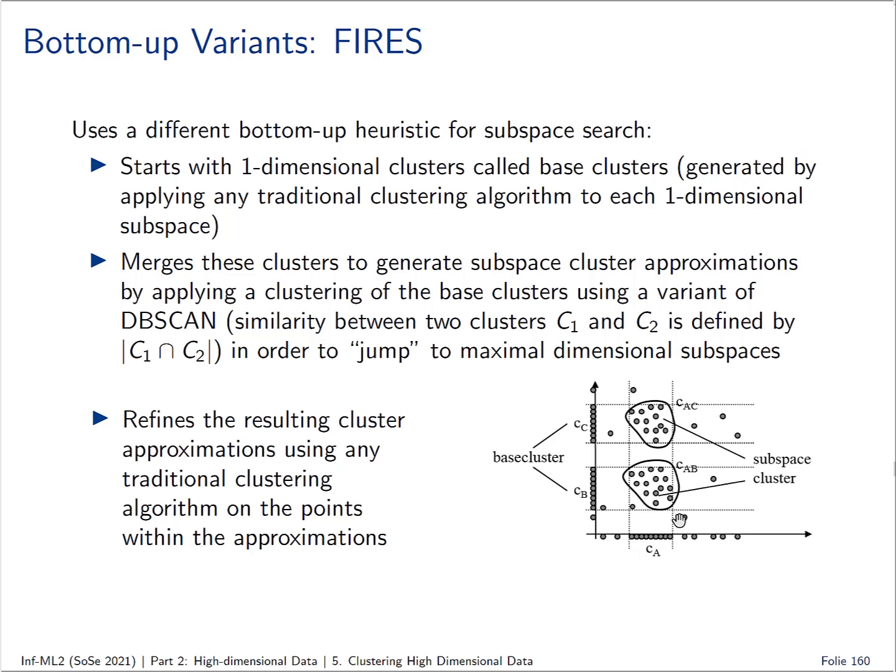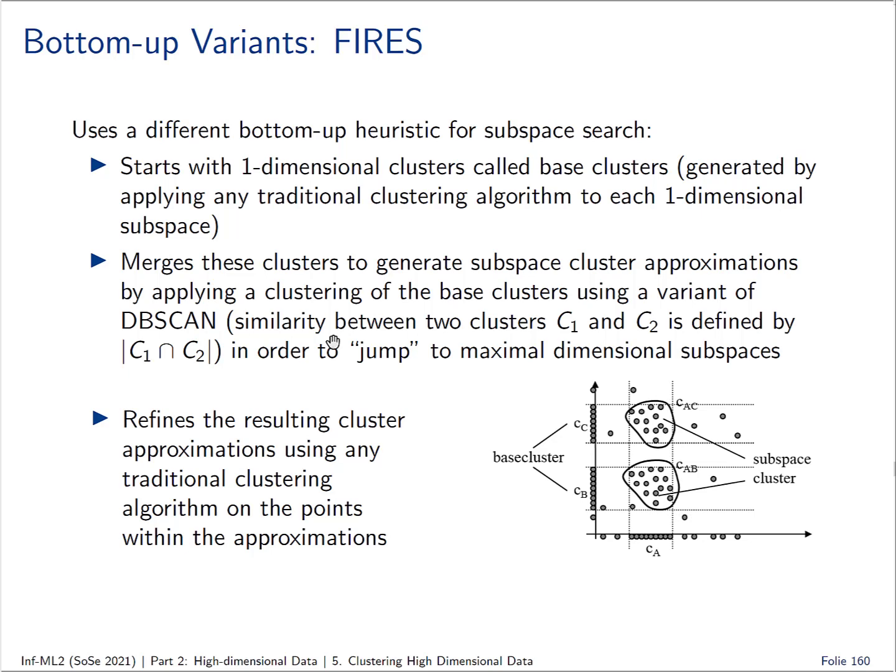Now the question is, how can we merge those base clusters to form higher dimensional clusters? That is done by applying a clustering of the base clusters, using a variant of DBSCAN. We need to compare base clusters and see if they are similar enough to be merged.